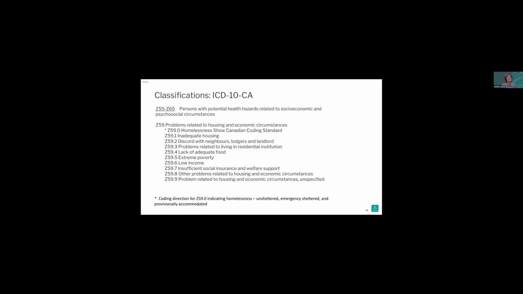And of note, professional coders have been given direction for applying Z59.0 to indicate homelessness when unsheltered, emergency sheltered, or provisionally accommodated circumstances are detected in a given patient. And for these reasons, the Z code beyond others likely has greater frequency of use in Canadian hospital data.